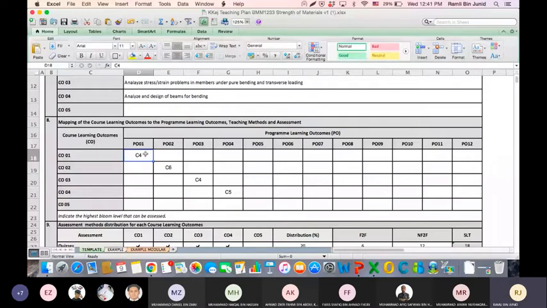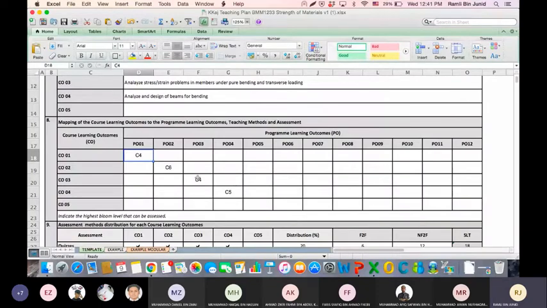So in other subjects, you may find that some program and course outcomes map to affective and also psychomotor. If it is psychomotor, it will be written as P something, P5 or P whatever.